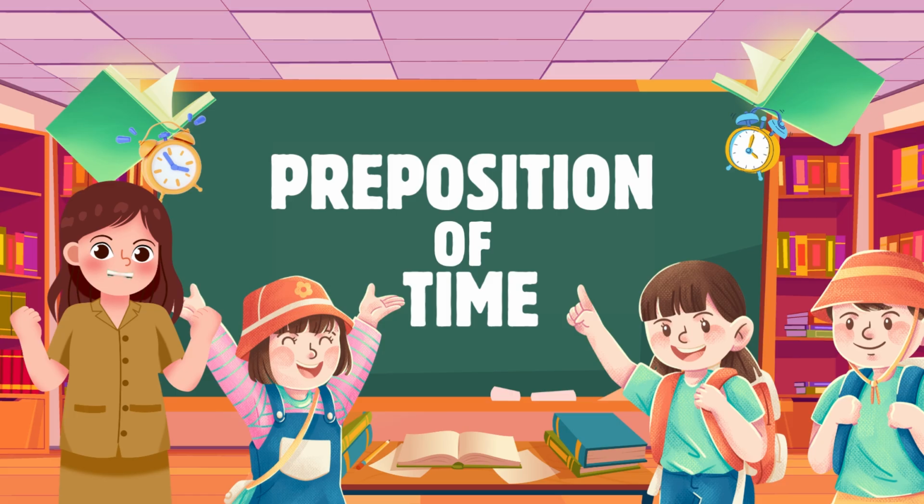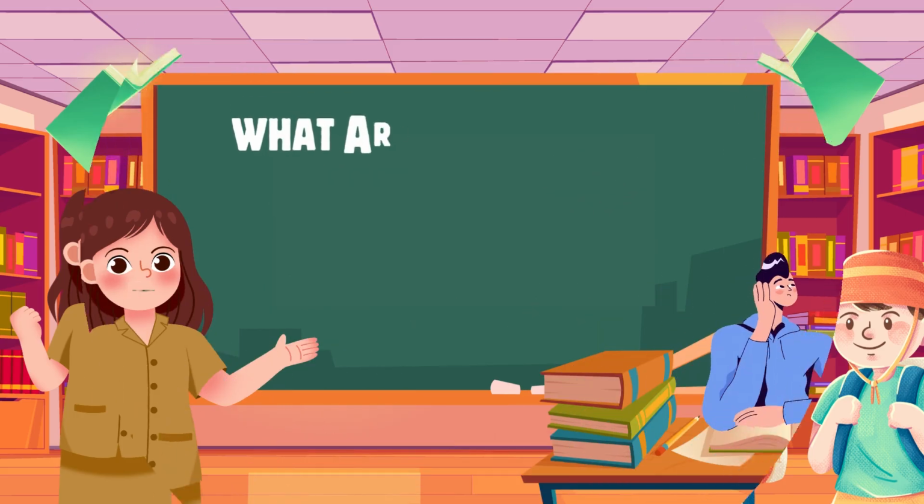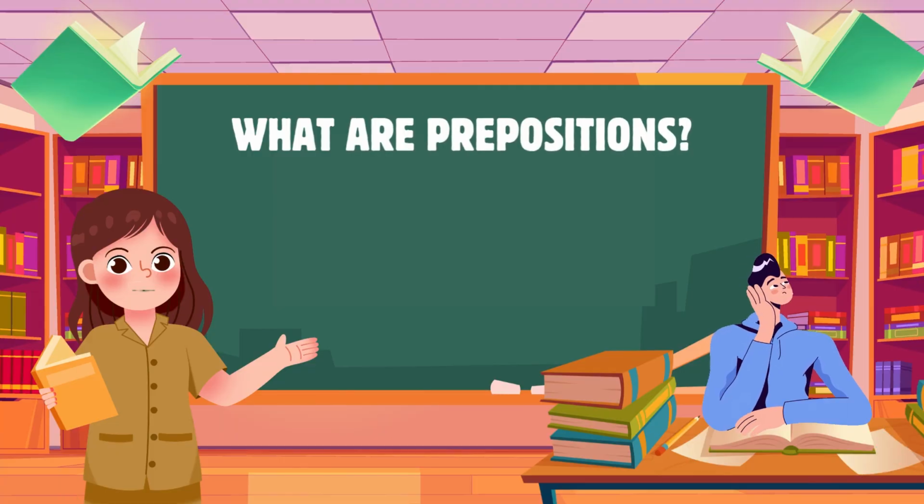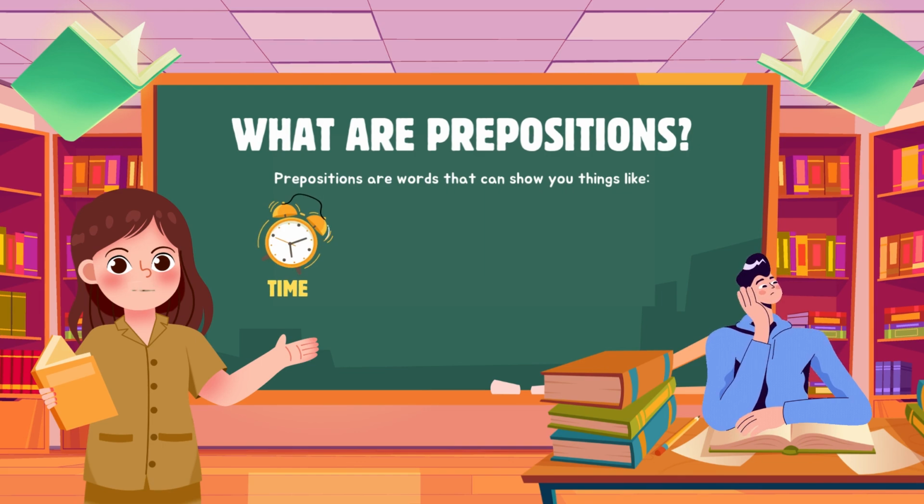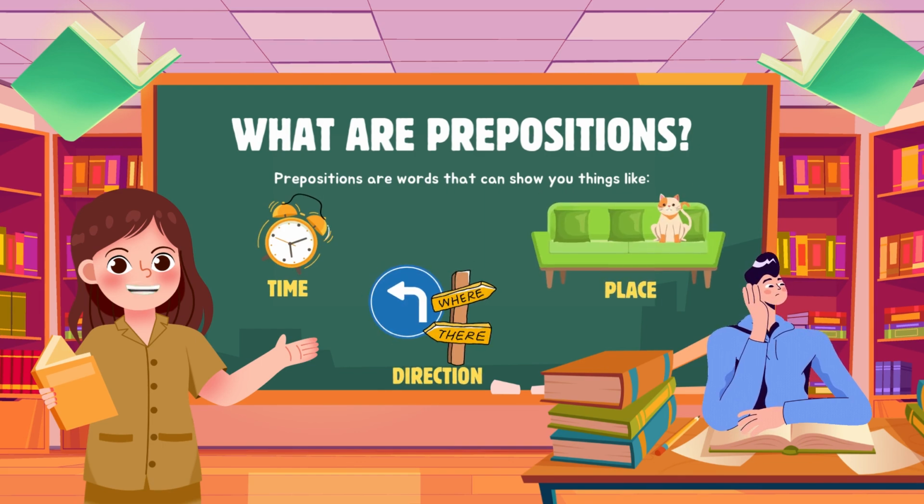But before we focus entirely on the time aspect, let's take a step back and answer a basic question. What are prepositions? Prepositions are words that can show you things like time, direction, and place. They are special helper words that show you how different things in a sentence connect to each other.